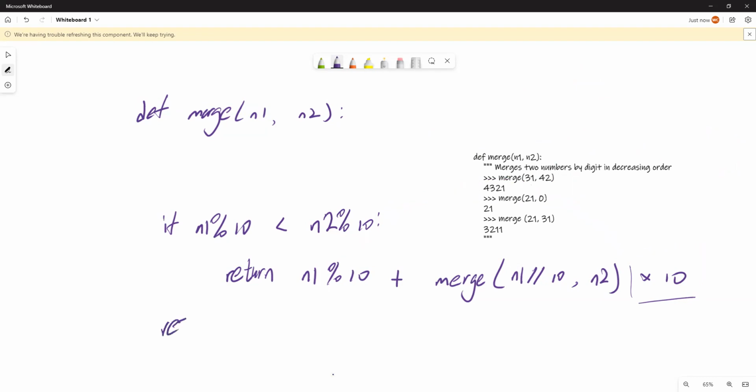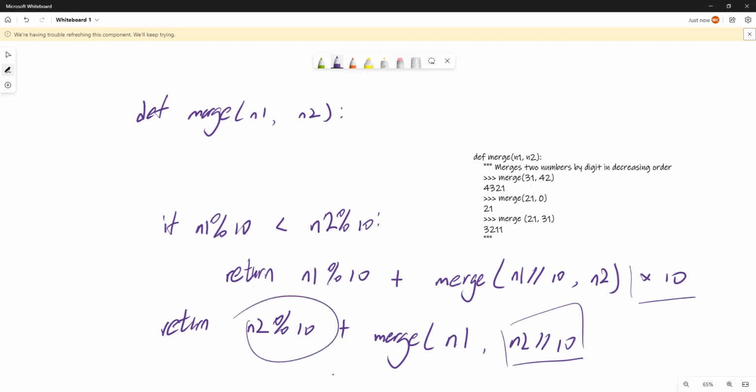Right now, return: if the rightmost digit of n1 is greater than or equal to that of n2, then n2 % 10 plus merge(n1, n2 // 10), because we already used the rightmost digit of n2, so we can take out that digit. Divide by 10 and multiply by 10.